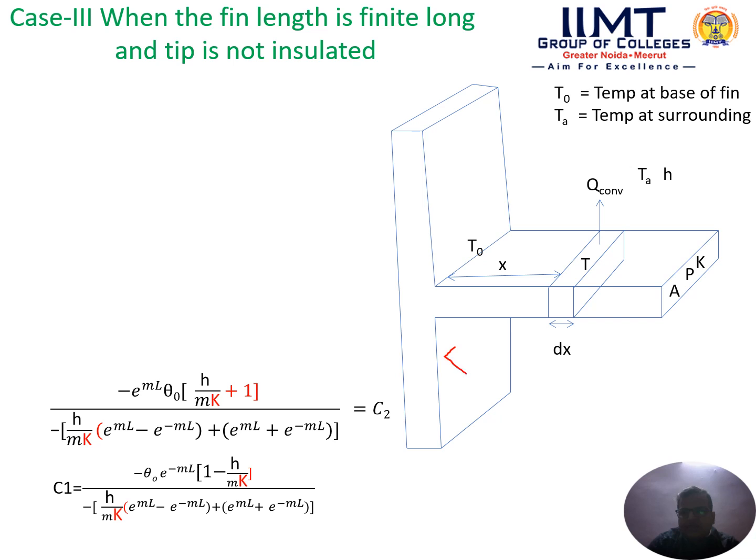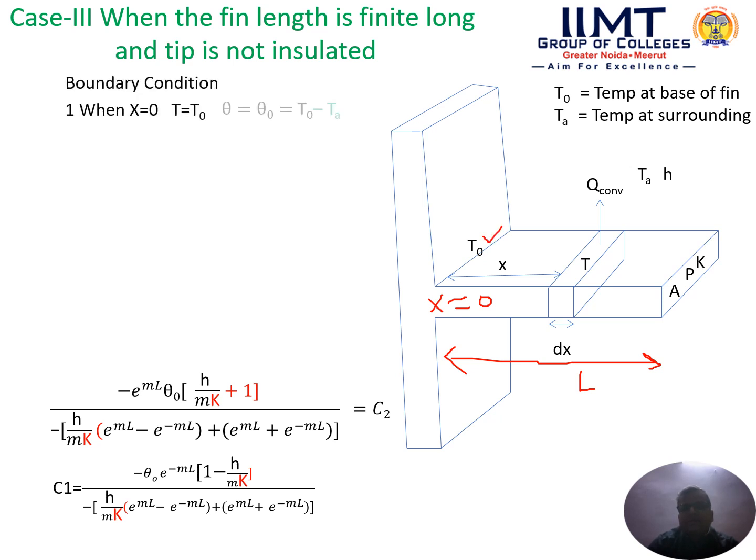Here again the length of the fin is given, equal to capital L. At x is equal to 0 we are at the base, that is why we use the temperature of the base. That means at x equal to 0, T is equal to T naught, and theta is equal to theta naught.